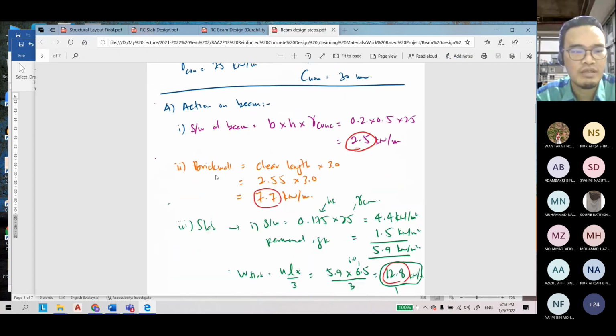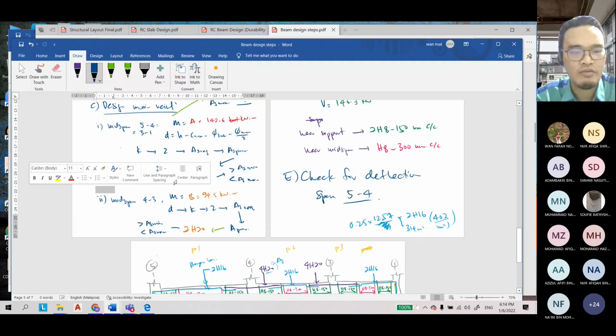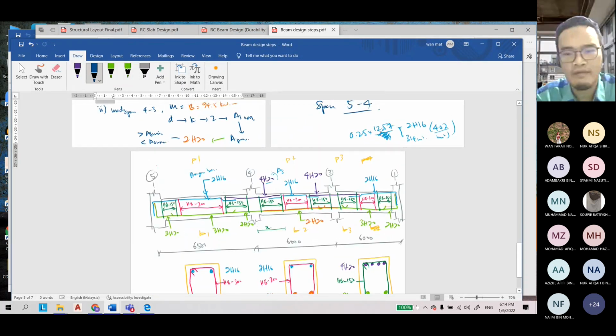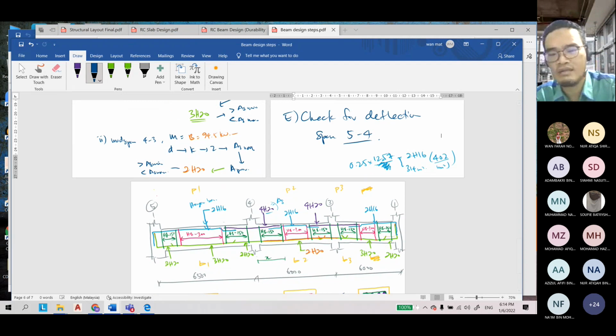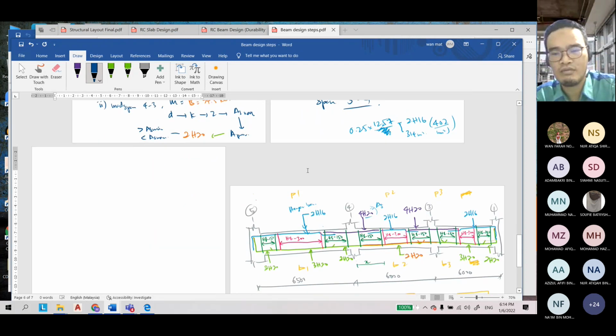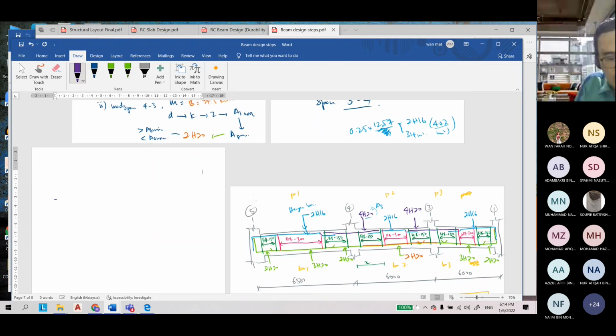Kalau in case you only have 2 span, contoh dia ada group yang ada buat design yang 2 span only. Let's say this one, 2 span only. Macam ni kan, ada 2 span only. So you design macam ni je lah.